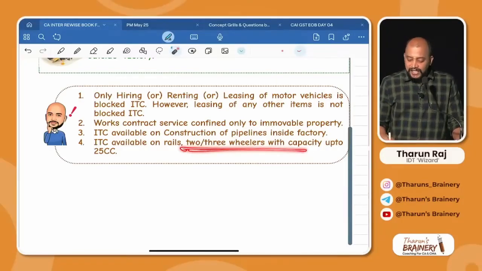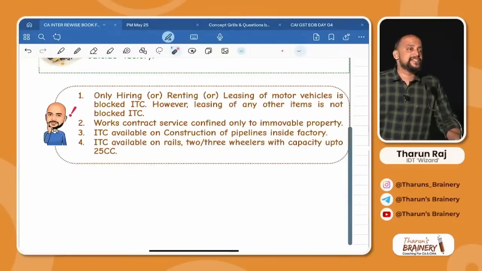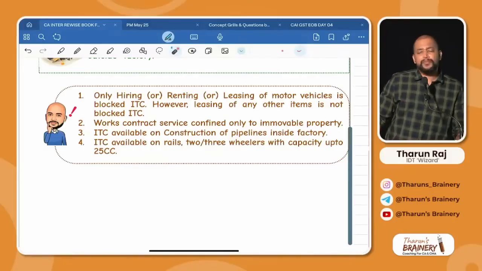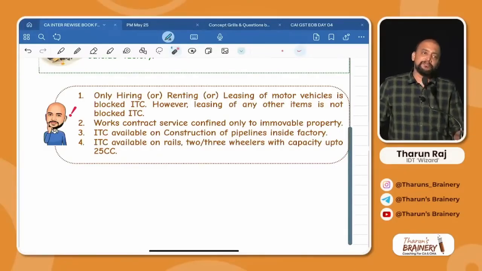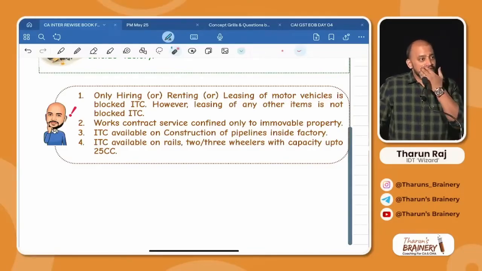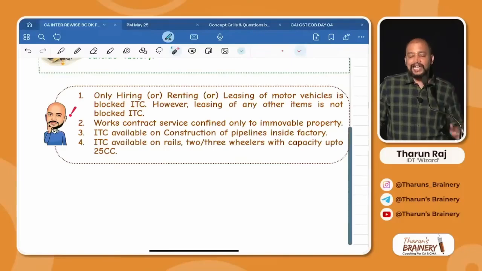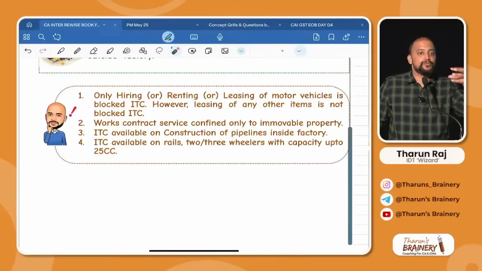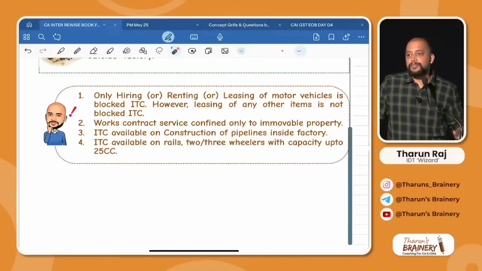2 or 3 wheelers with capacity up to 25 cc is not a motor vehicle. Up to 25 cc. Sir, minimum itself, if you see scooty or this XL and all, it is 75 cc, 100 cc, sir. 25 cc means we don't have any vehicle like that. Maybe one bicycle with one motor fixed. That is called up to 25 cc.